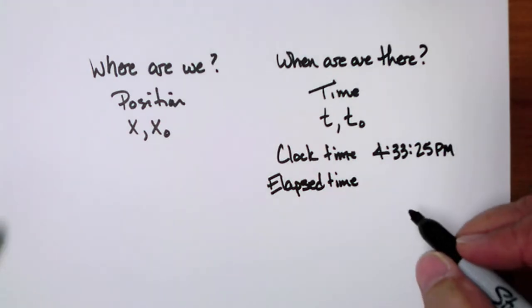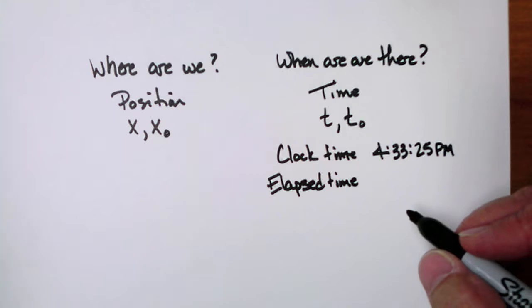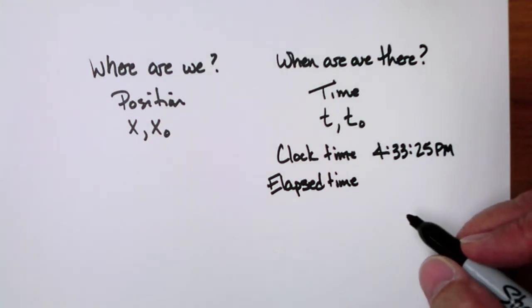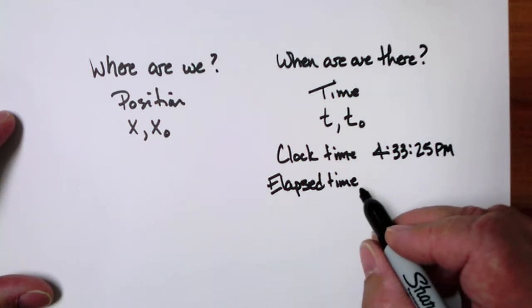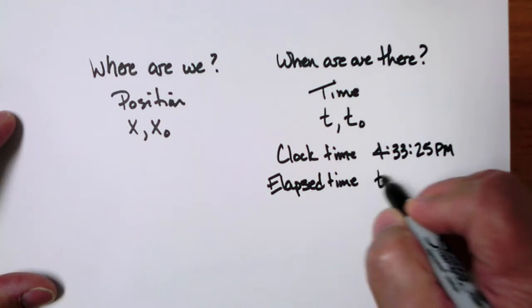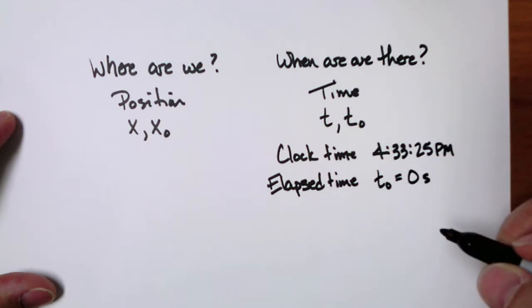For much of what we're going to be studying, we're not interested in what came before we start making our measurements or what comes after we stop making our measurements. And so we're going to record our initial time, generally, to be equal to 0 seconds.